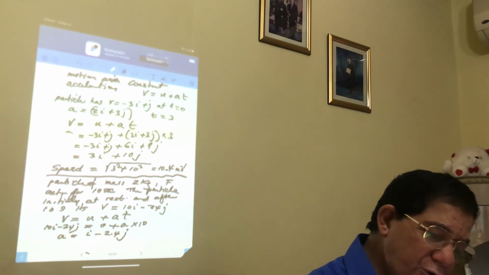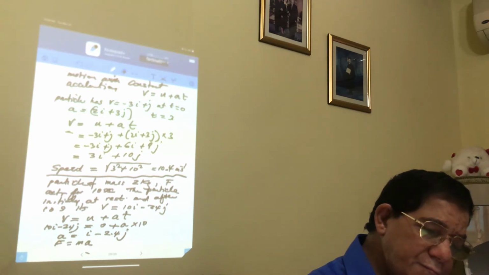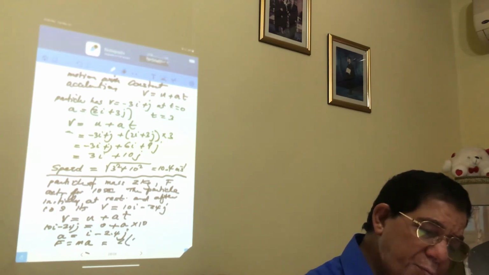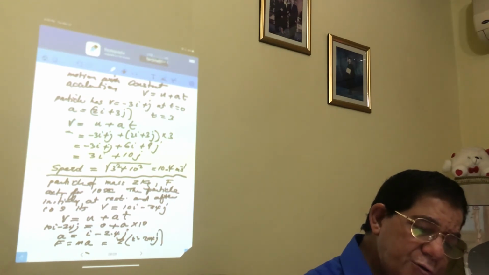The force F equals ma. Therefore, the force F equals the mass, 2, times I minus 2.4j. Therefore, the force is 2I minus 4.8j.